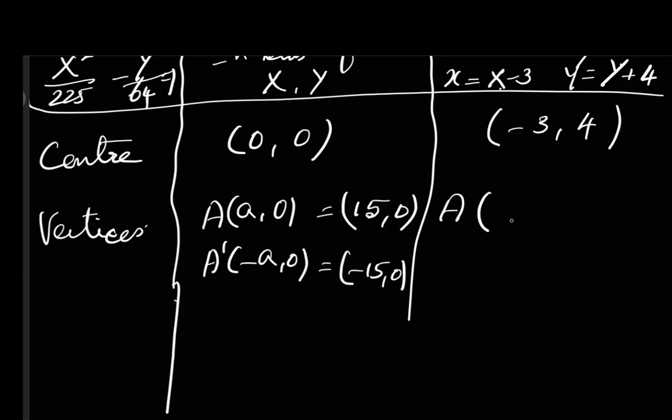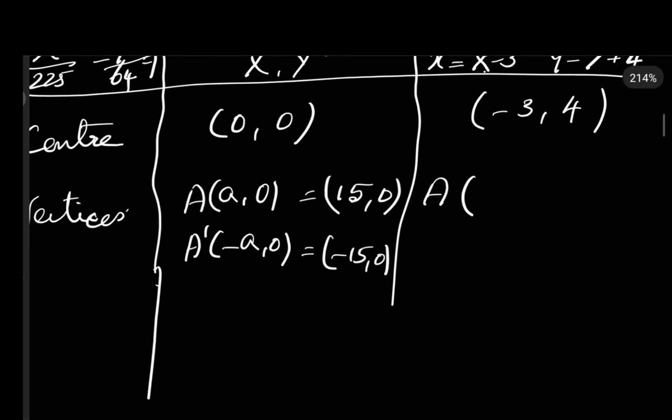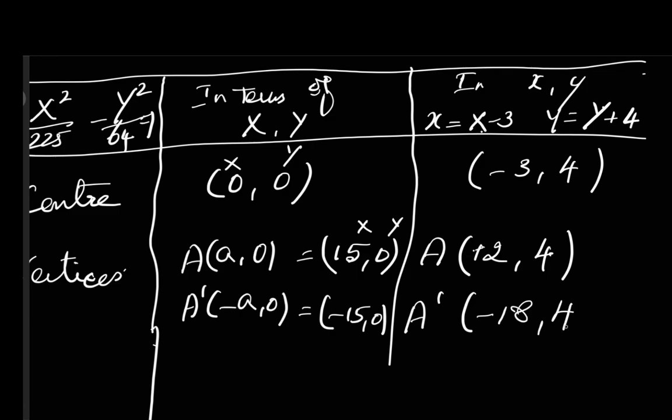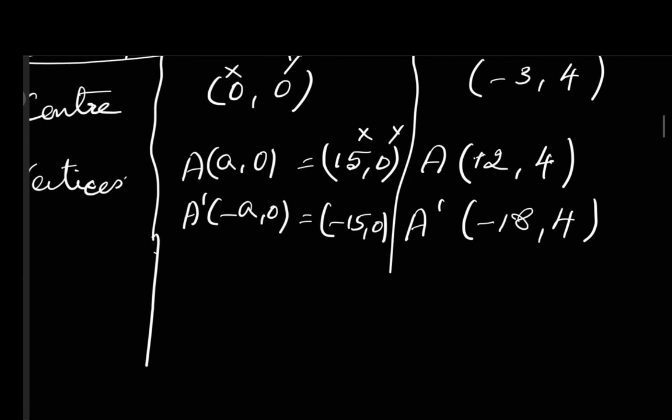All these are in terms of capital X and capital Y, and we are going to convert this into small x and y. Substitute capital X as 15: 15 minus 3 is 12. Capital Y is 0, 0 plus 4 is 4. For A dash, minus 15 minus 3 is minus 18, and 0 gives 4. So 12, 4 and minus 18, 4.